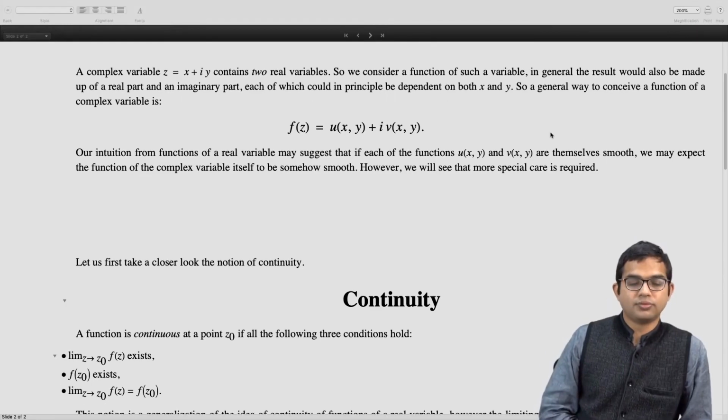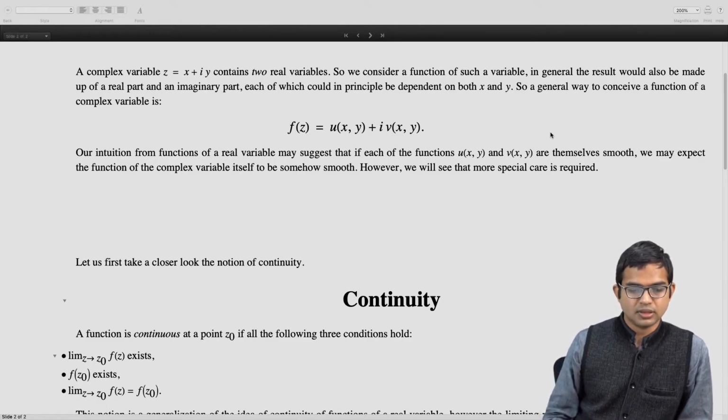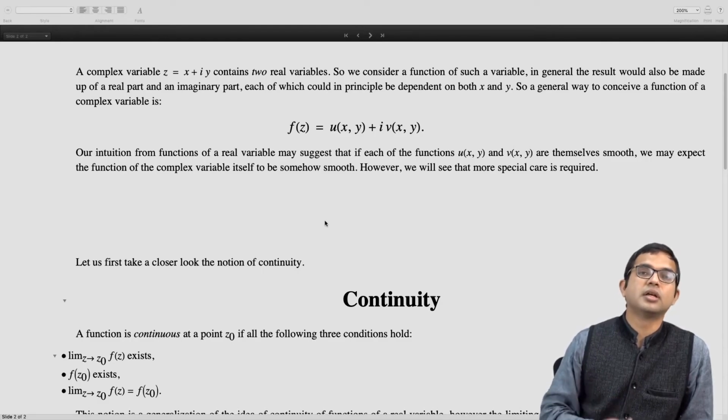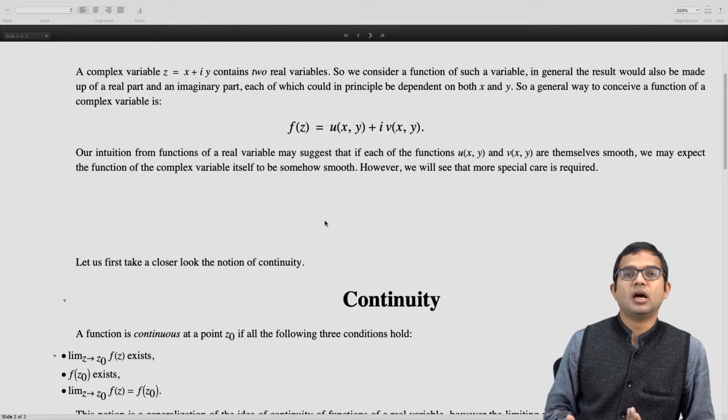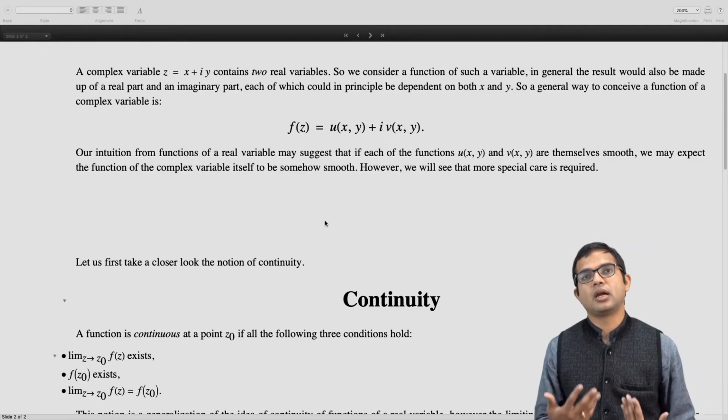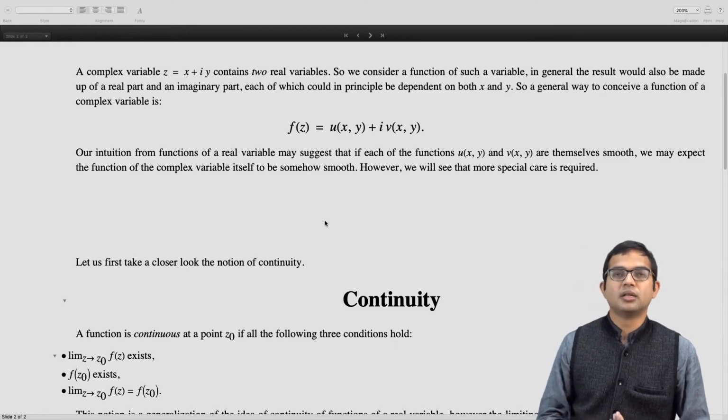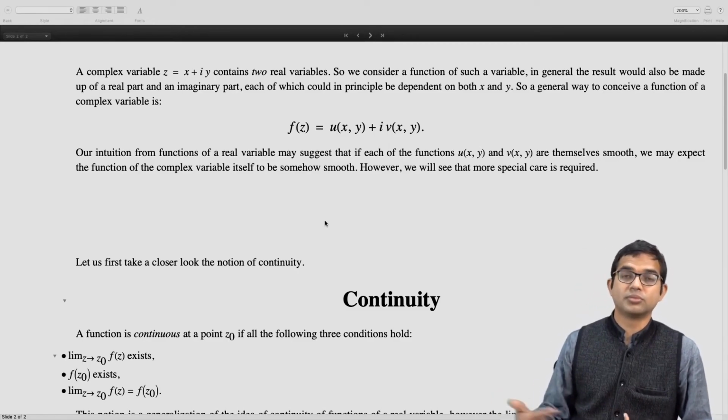This idea of taking the limit of a function is also something which requires some thought when we are working with complex functions, because you can approach a certain point z0 in infinitely many directions. If you're working with a real variable x, you can approach a point x0 either from the right or from the left, and you would expect that the value of this function is the same whether you approach from the right or from the left.